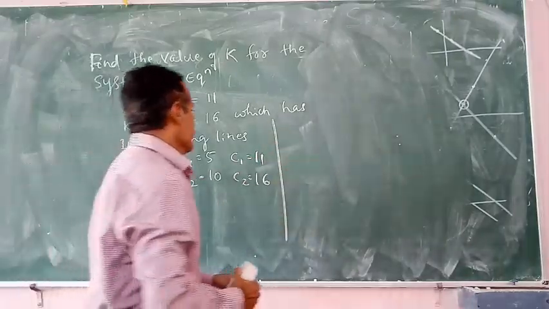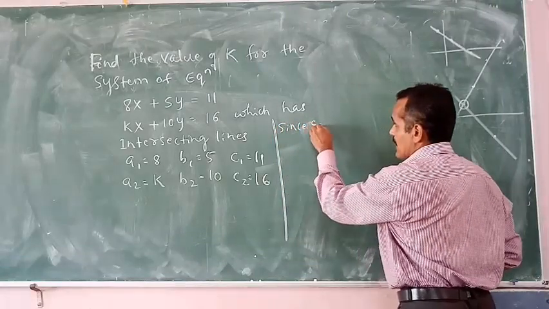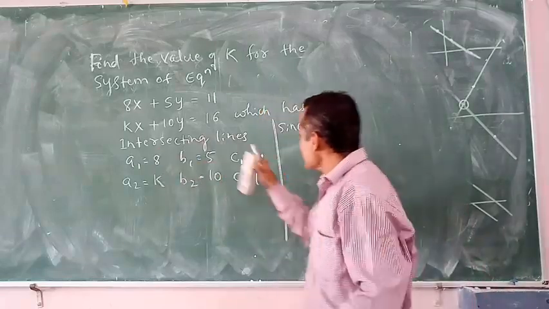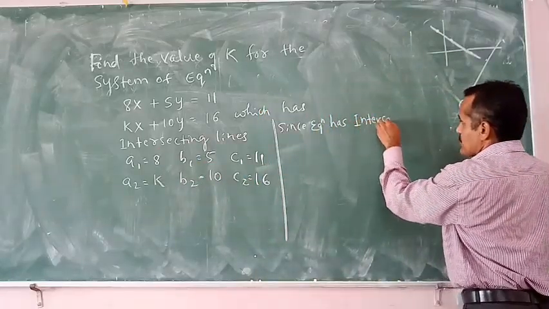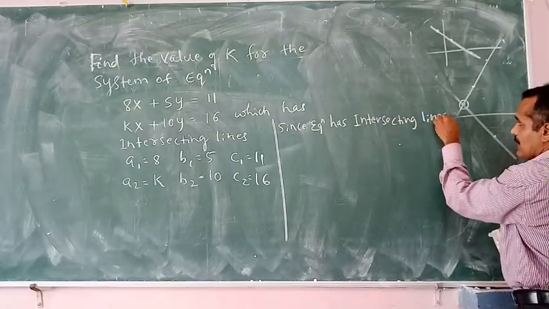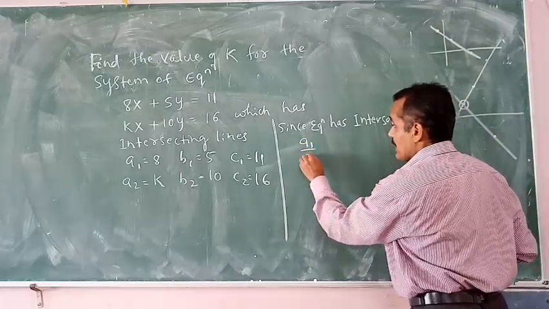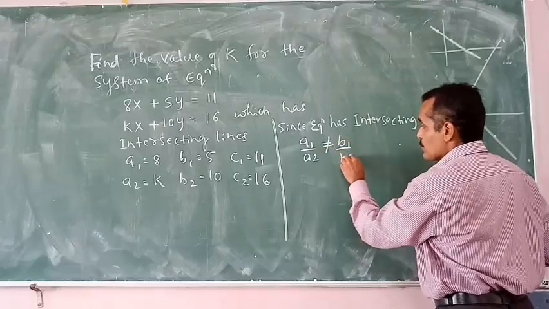Since the equation has intersecting lines, I should remember what is the condition. I can write a1 by a2 not equal to b1 by b2.